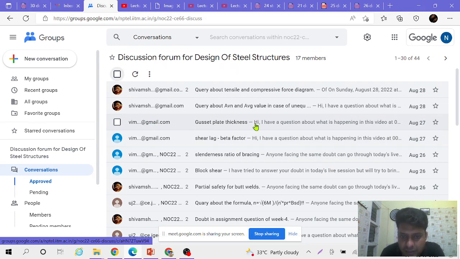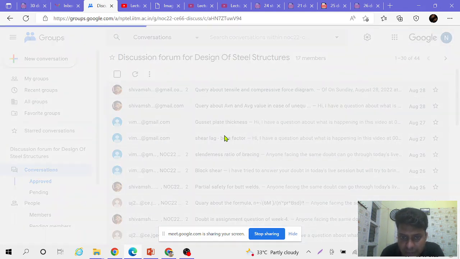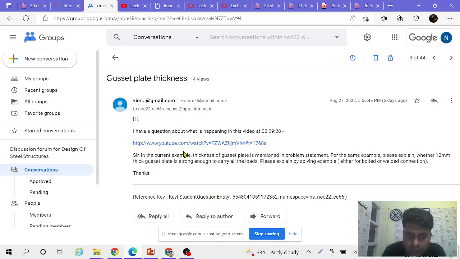And what is the gusset plate thickness? Okay. The problem statement mentions it for the same example. This was not addressed, I think in lecture 26. I'm not able to get what he is trying to ask.